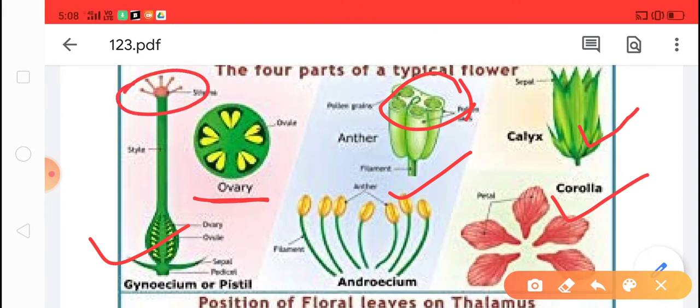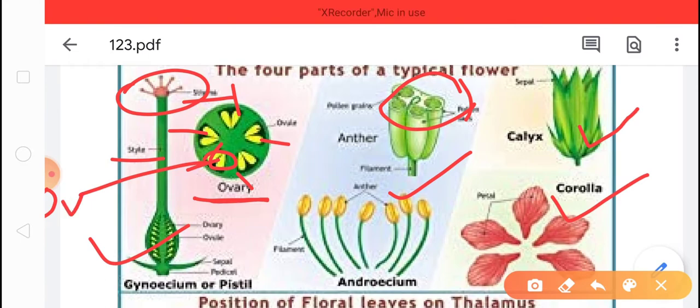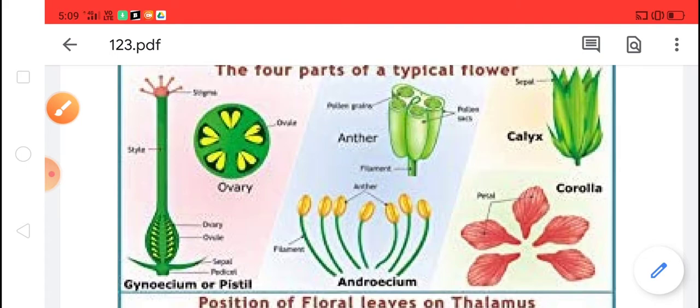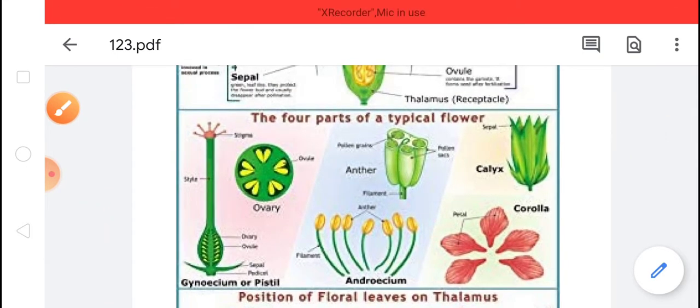The ovary has a number of chambers, and inside the chambers the ovules are present, and those ovules turn into seeds on maturation. The number of ovules also varies from flower to flower.